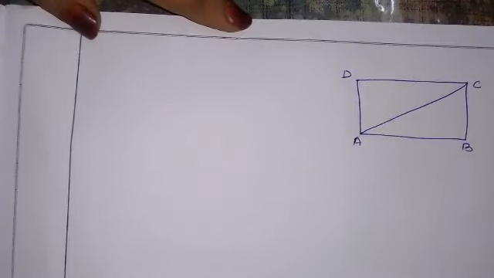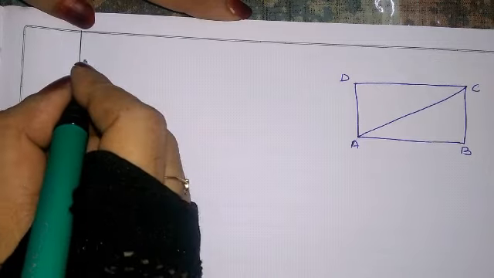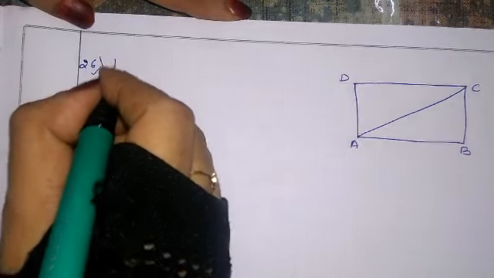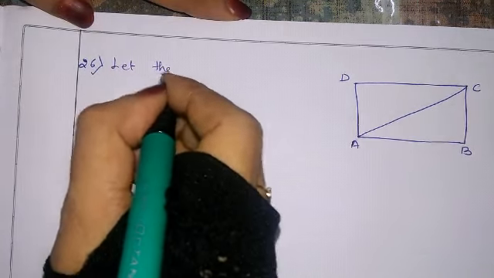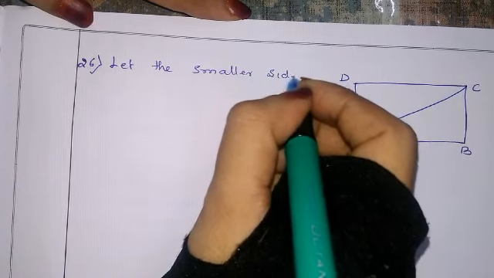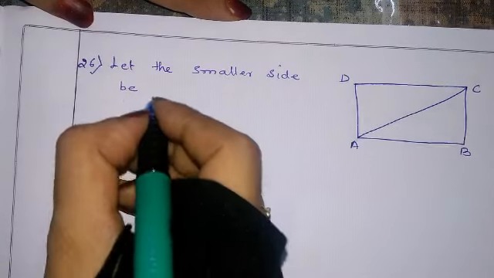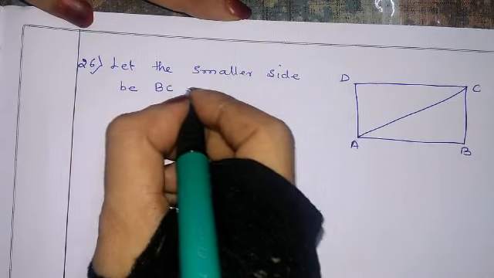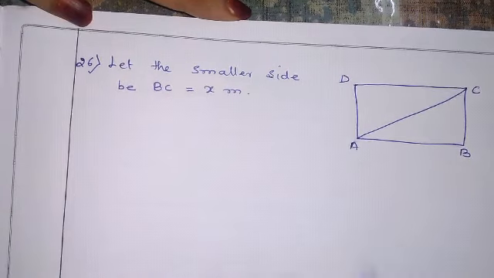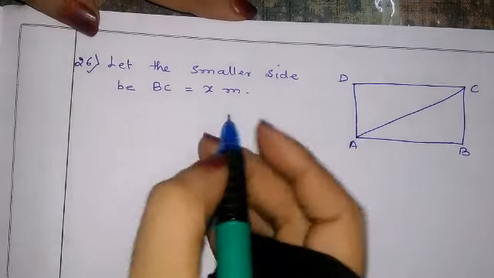So we don't know what the smaller side is. So let us consider, let the smaller side, BC, be x meters. Okay, we have considered here the smaller side is x meters.